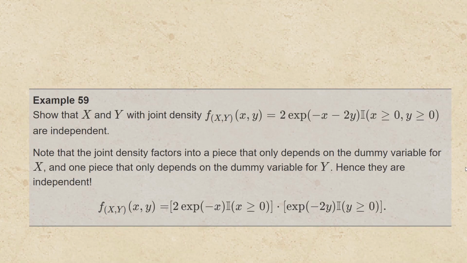Hence, they're independent. To be precise, this joint density can be written as 2e to the minus x times the indicator x is greater than 0 times e to the minus 2y times the indicator that y is greater than 0. So that's how you deal with joint densities.